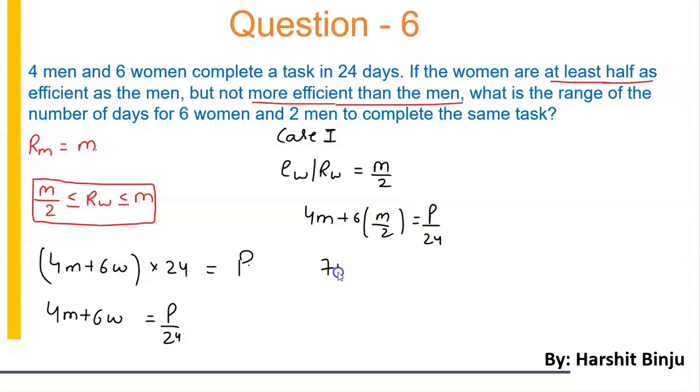So this will become 7m is equal to P by 24, or m will be equal to P by 24 into 7, which will basically be equal to 168. So let's just quickly write 168.